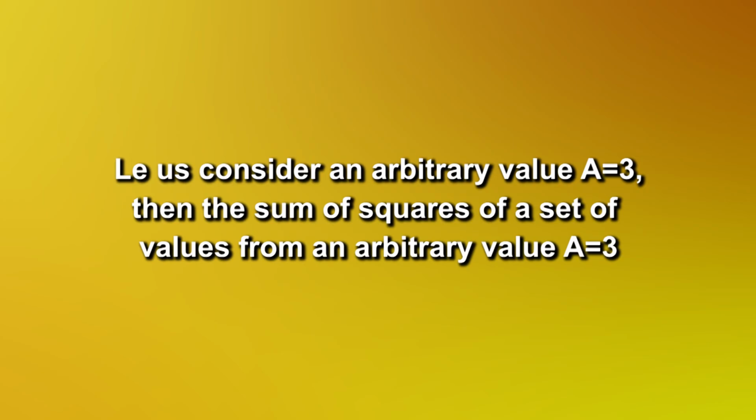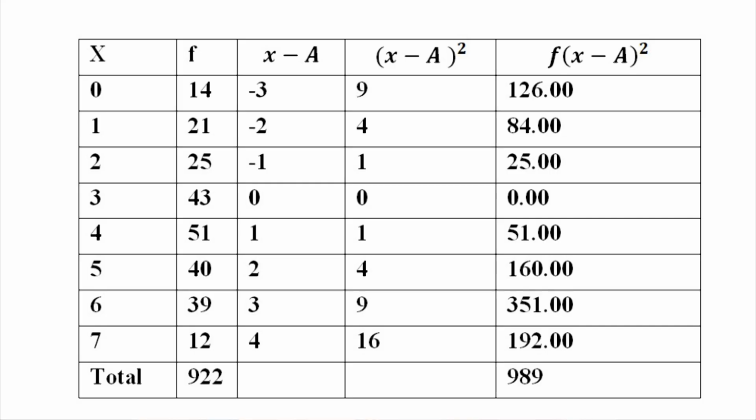Now, we shall consider an arbitrary value a is equal to 3. As a first step, compute the deviations of the observations from an arbitrary value, and the values are -3, -2, -1, 0, 1, 2, 3, 4, which are entered in third column.